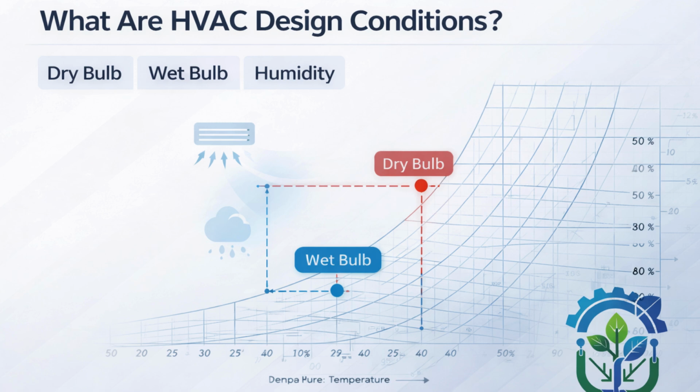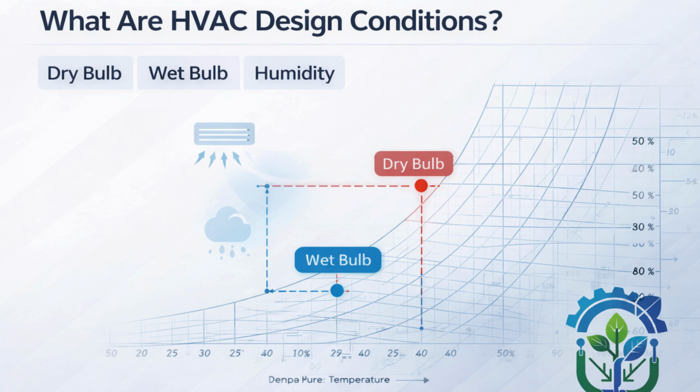So let's start by understanding what HVAC design conditions are. Every HVAC system has one basic job: keep people comfortable no matter how harsh the outside conditions become. The problem is this: many systems are designed to look good on paper but fail when real summer conditions arrive.